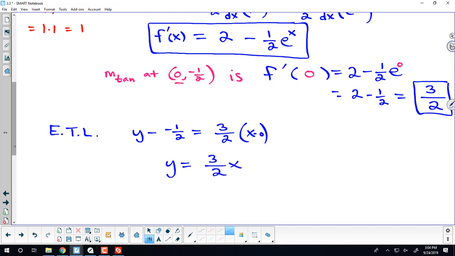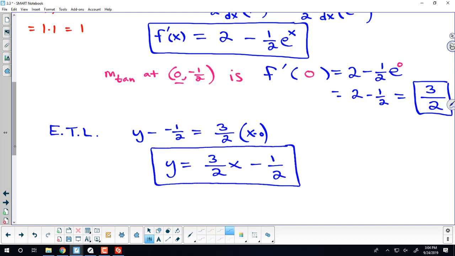X minus 0, I'll write that, x minus 0. So y minus negative 1/2 equals 3/2 times x minus 0. So that's the equation of the tangent line at the point 0, negative 1/2.